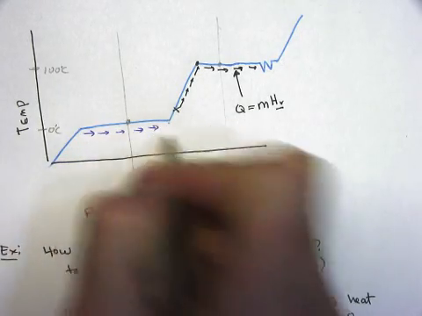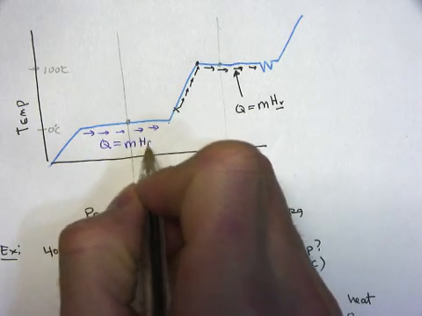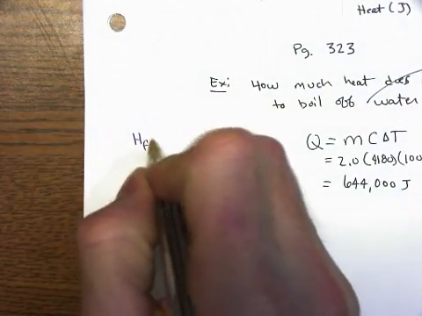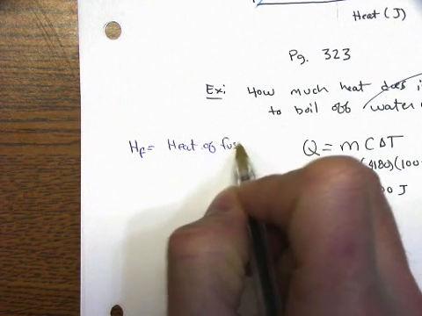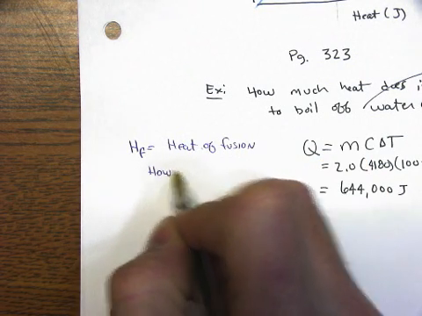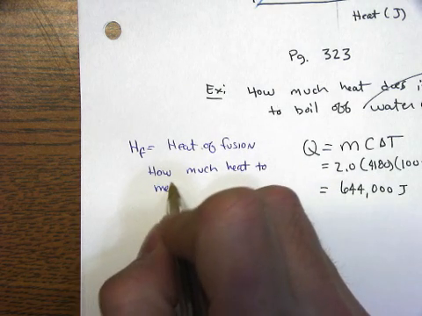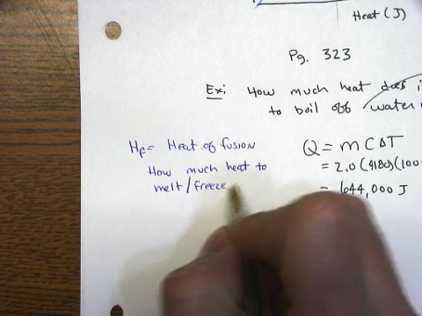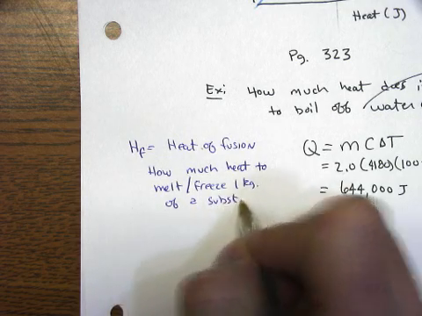If you want to melt something or freeze it, we'd use the equation Q equals m H_F, heat of fusion. So the H_F stands for heat of fusion. It's how much heat to melt or freeze 1 kilogram of a substance.